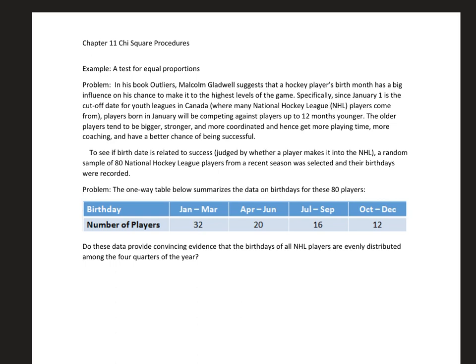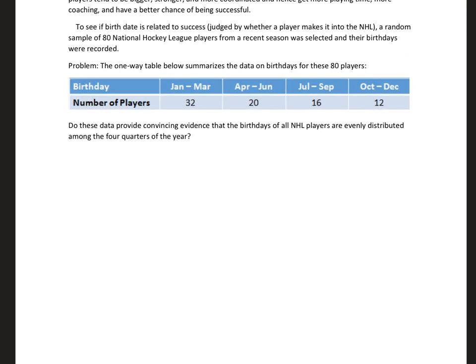So, we're just going to carry out a significance test. And because we don't have a parameter of interest, we're going to follow the hypothesis test format. So I'm going to start off by claiming what the null hypothesis is.